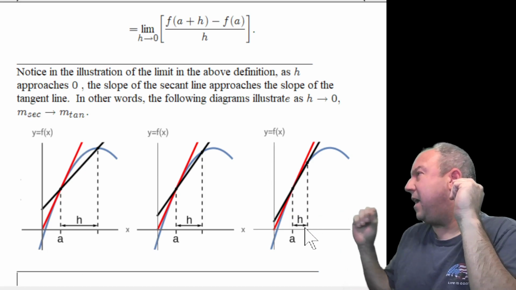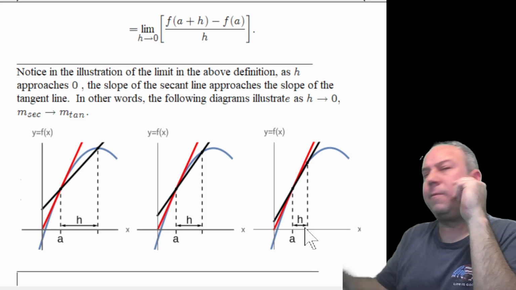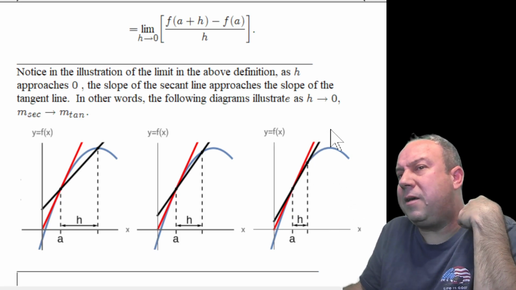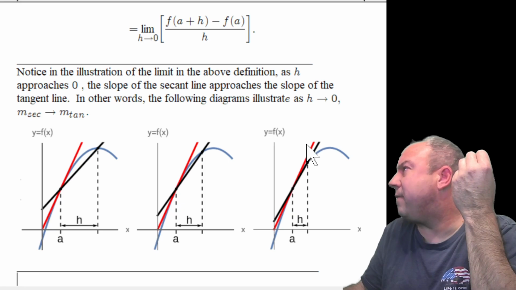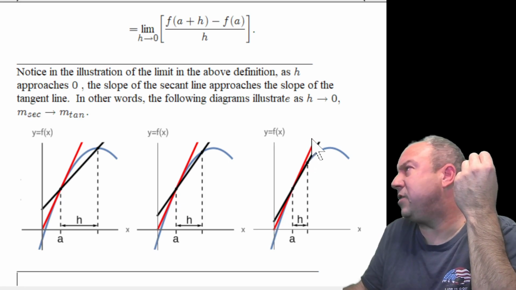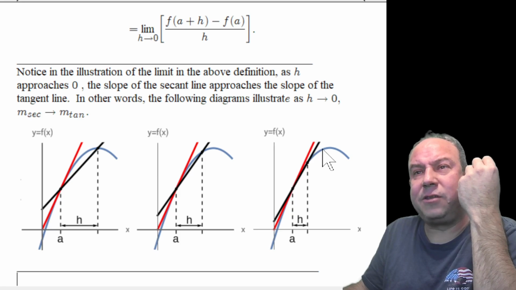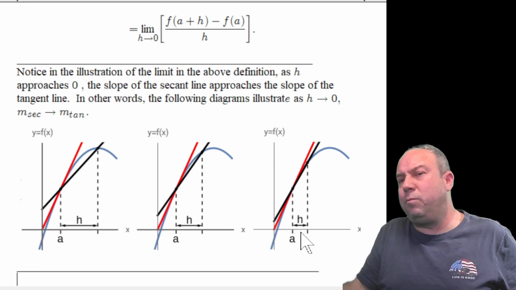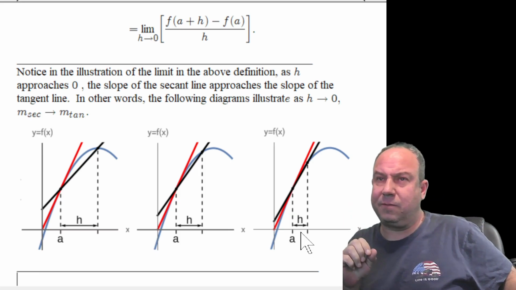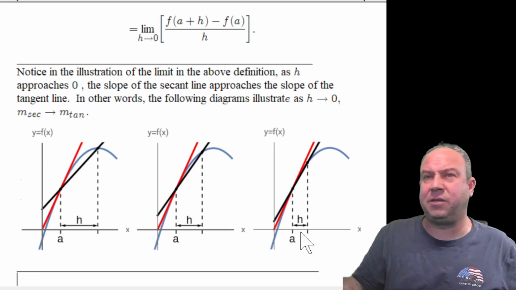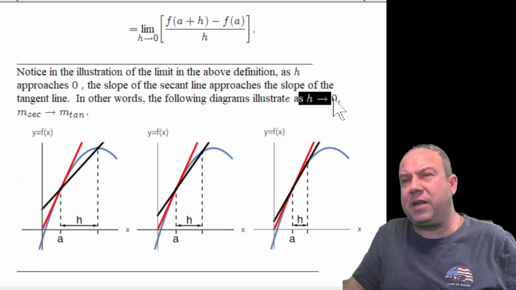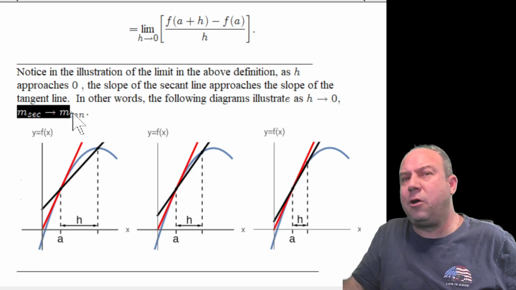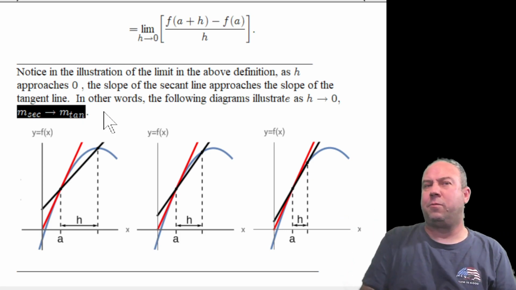And you can see as that h value gets smaller and smaller, the slope of the black line in this graph gets closer and closer to the slope of the tangent, the red line. The slope of the secant line, the black line, gets closer and closer as we make this value of h smaller and smaller, as we have it approach the value of 0. As h approaches 0, the slope of the secant is going to get closer and closer to the slope of the tangent.